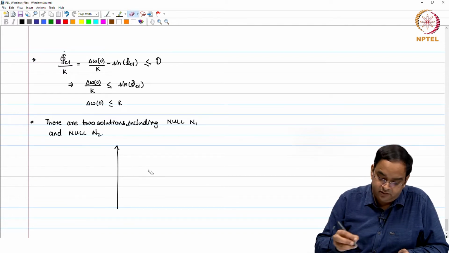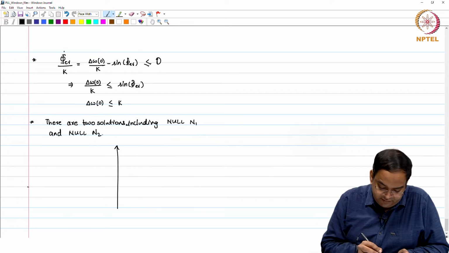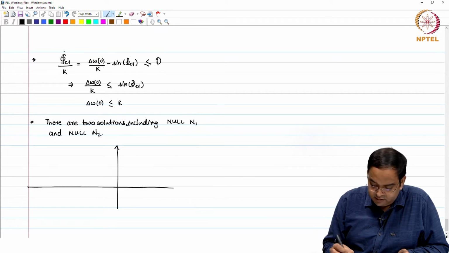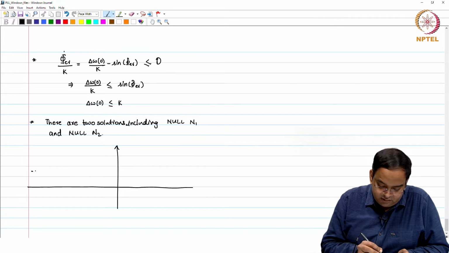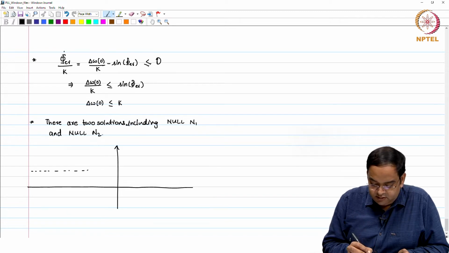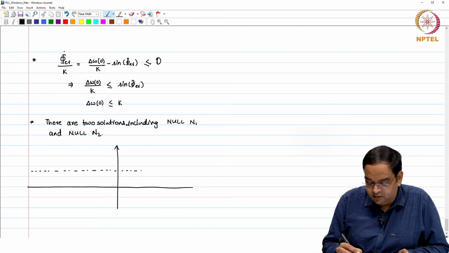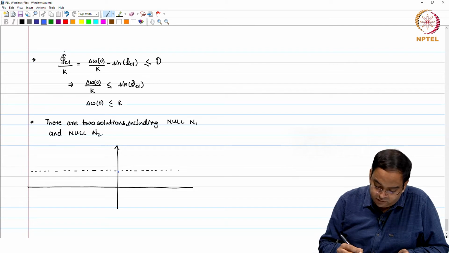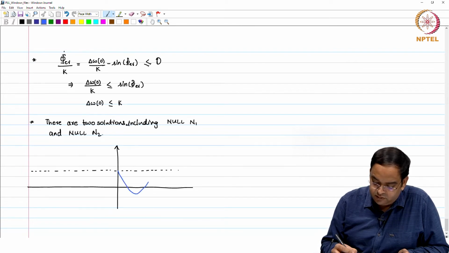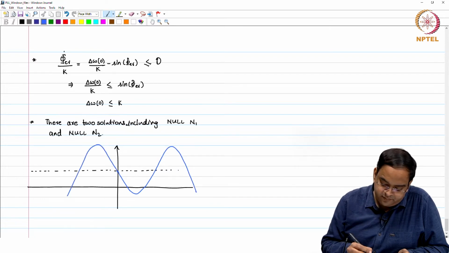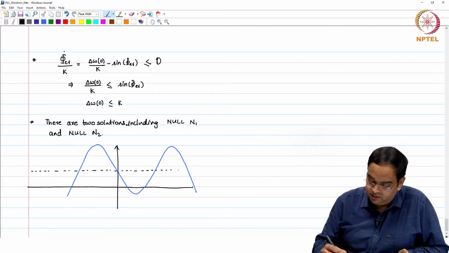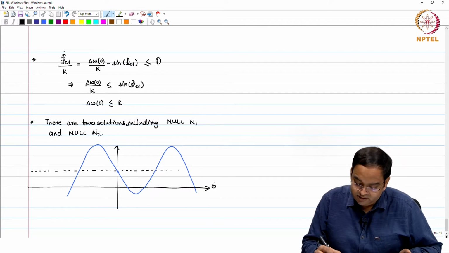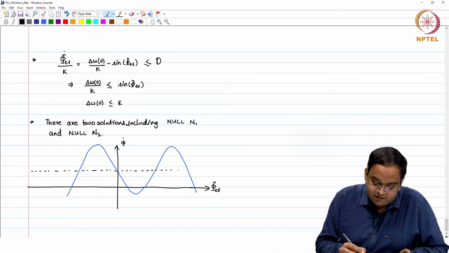So, now let me just plot what we have seen before in a little bit amplified manner. Okay. What I am plotting is, as you see in the previous page, phase error and phase error dot by k.